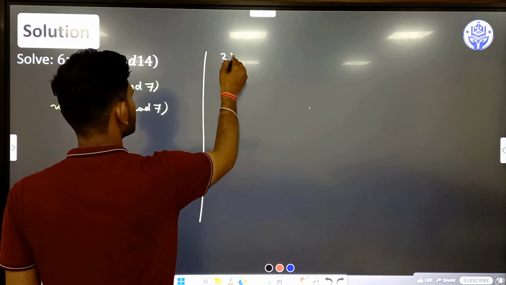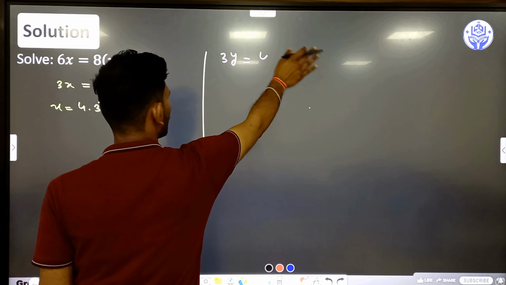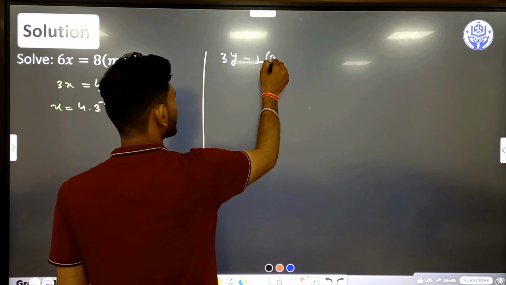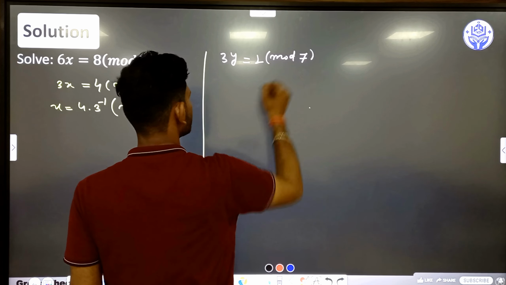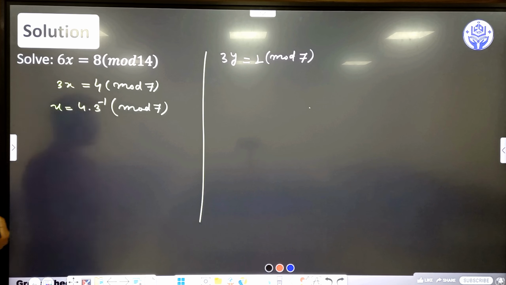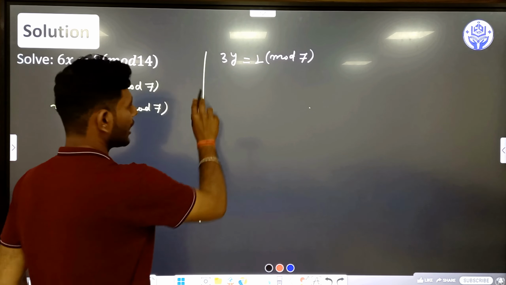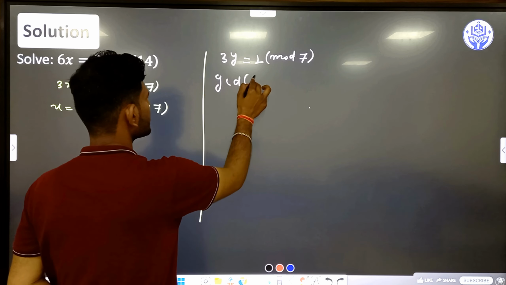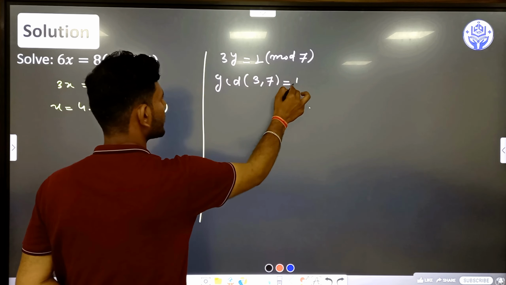So let's say 3y is equal to 1 mod 7. Inverse means here it will be 1 mod 7. Okay, so if it is mod 7, then I will just write like this: I will find the GCD. So what is the GCD of 3 and 7? That is 1.